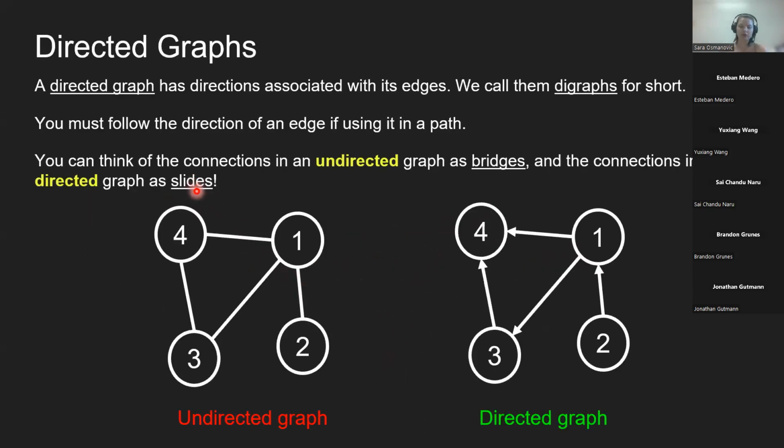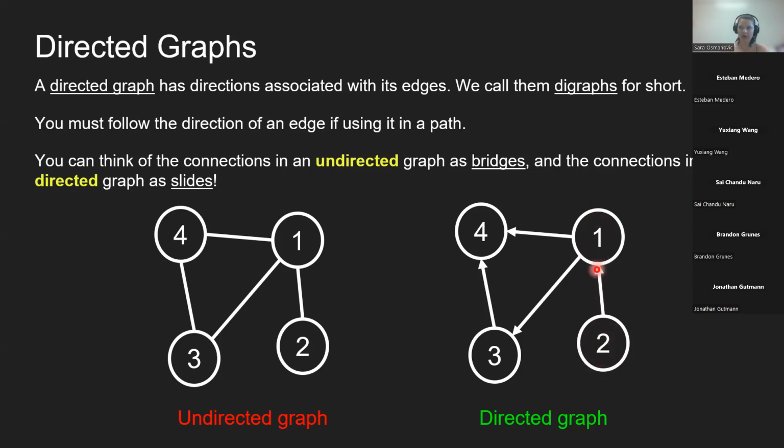Directed graphs. So edges of a graph can have a direction. In directed graphs, think about one-way streets on a map. If you have a one-way street that can lead from building 2 to building 1, you cannot go backwards. And that's the same with graphs. 1 cannot access 2, but 2 can access 1.